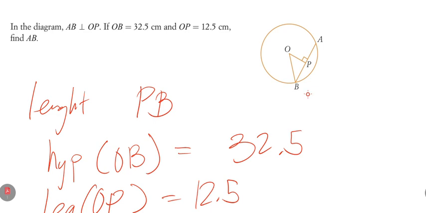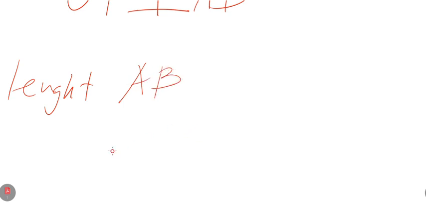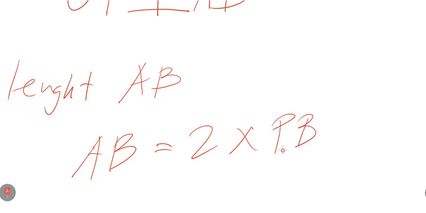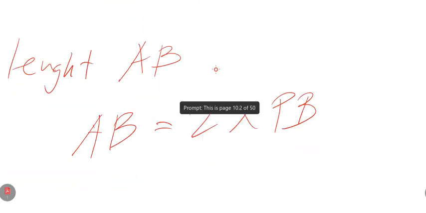So therefore, the length of AB is equal to 2 times PB. Looking at the value of PB, we have 30.